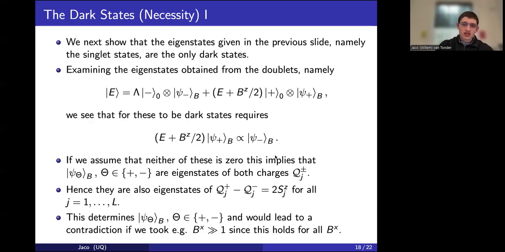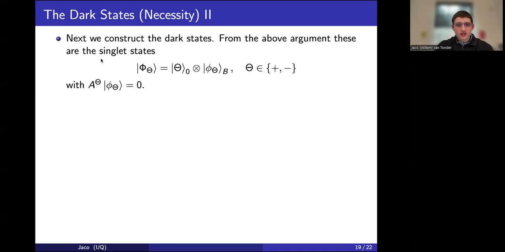So the only possible states which are product states or dark states are the ones coming from the singlet states. Now, let's construct those. So recall that the singlet states had this form where the t plus or minus killed the state.